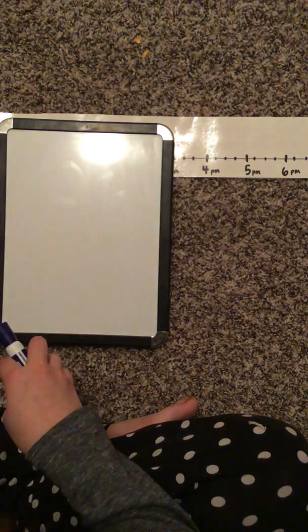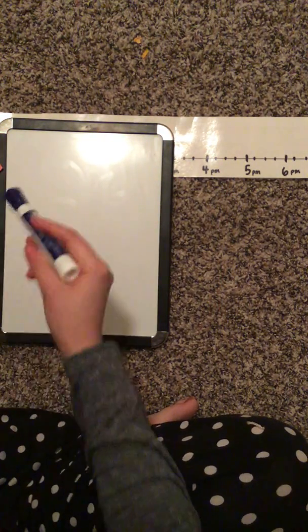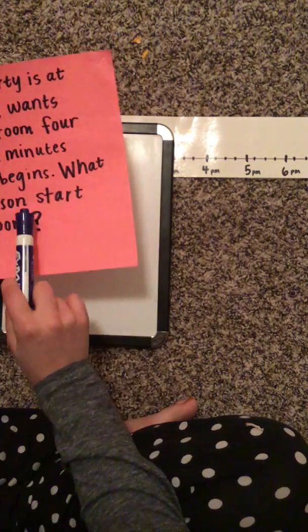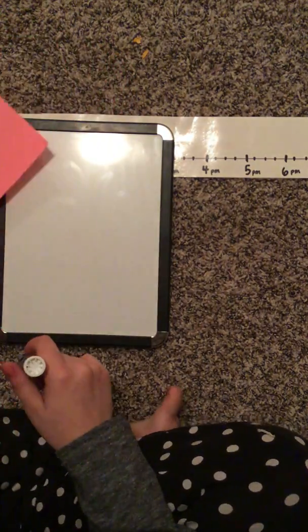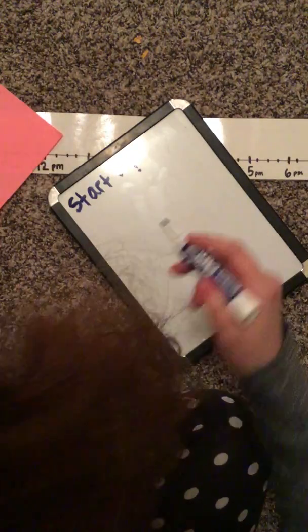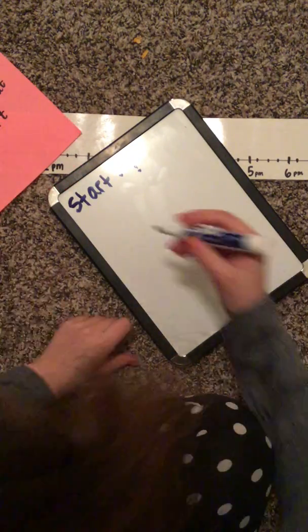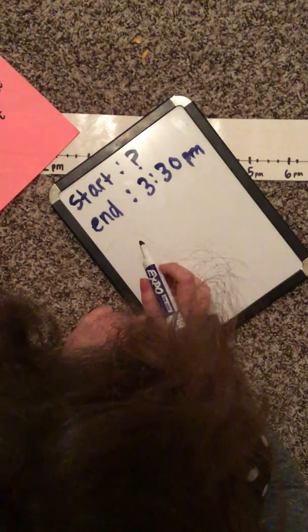So let's look at our important information. It says what time. What time should Mason start cleaning his room? So it looks like we have an unknown start time. Okay, so we're gonna put a question mark there. It does look like we have an end time, 3:30 p.m. And then we've got an elapsed time.